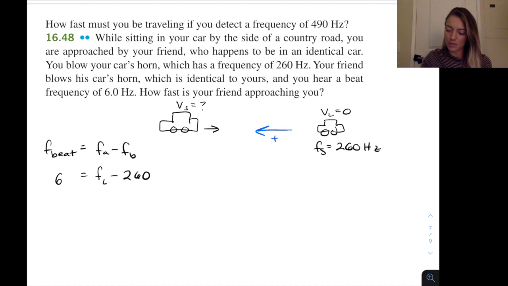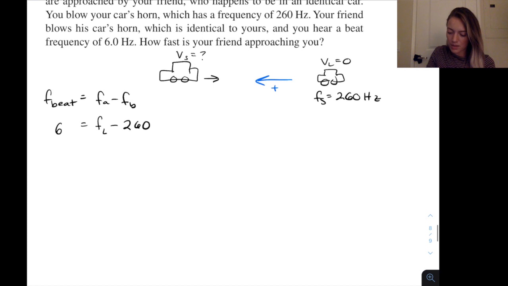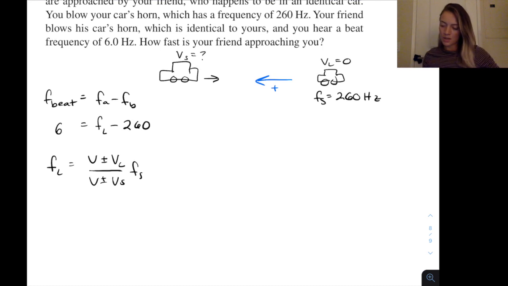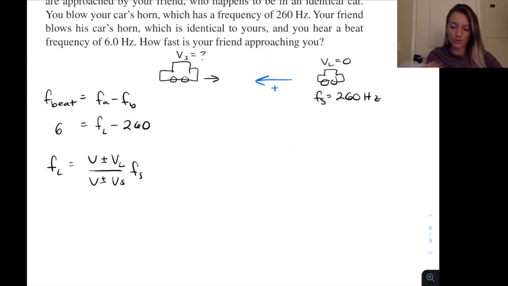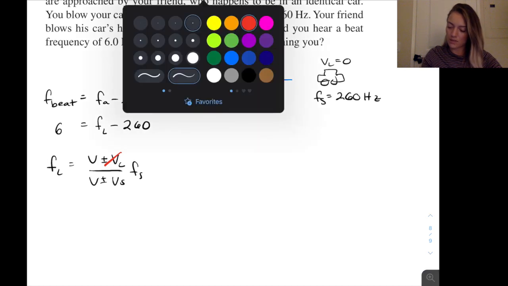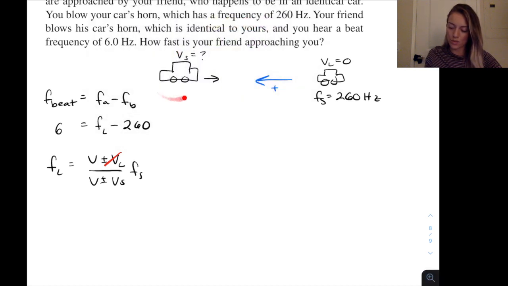So now we have to use the Doppler shift to figure out this fL. The frequency of the listener is (v plus or minus vL) over (v plus or minus vs) times the frequency of the source. The listener, we already said, is not moving in our car, so vL is 0. The velocity of the source is what we're looking for, but we need to figure out if it's positive or negative.